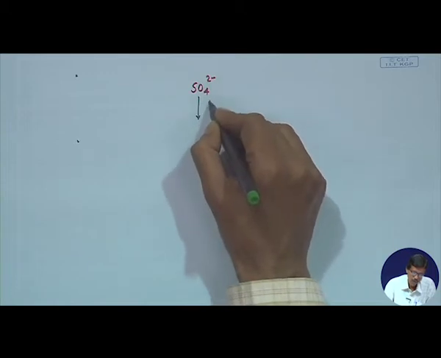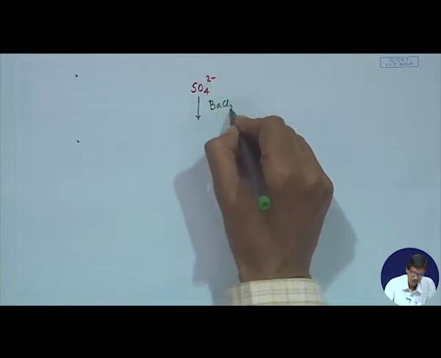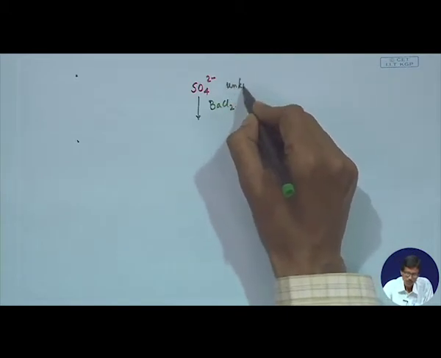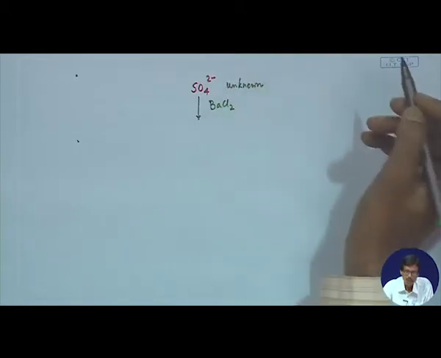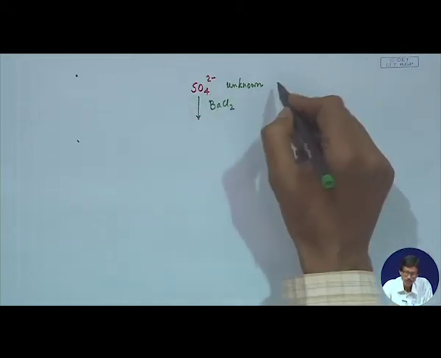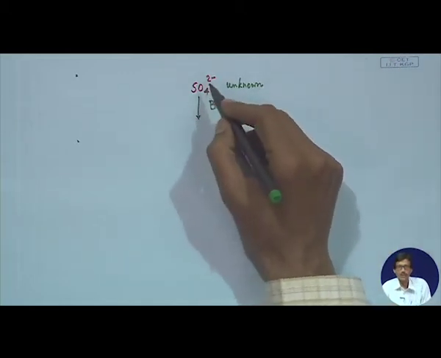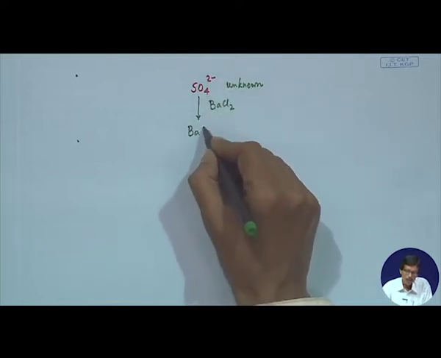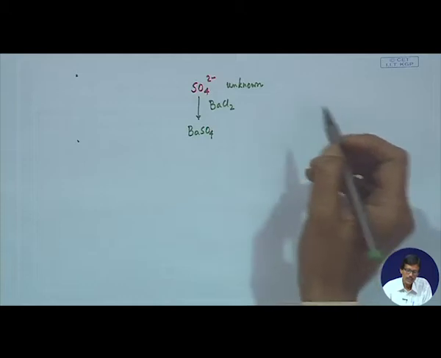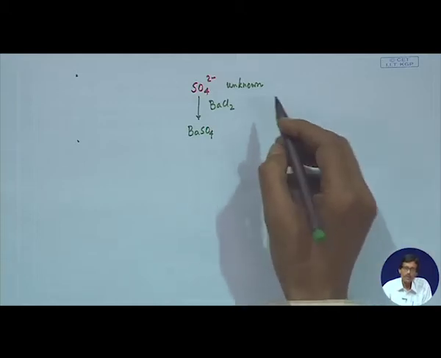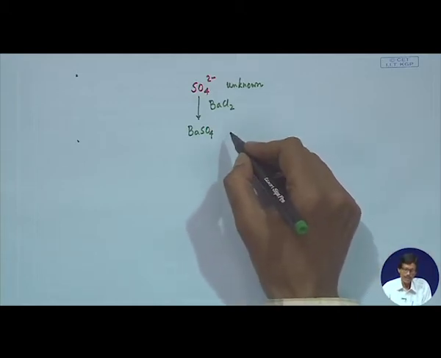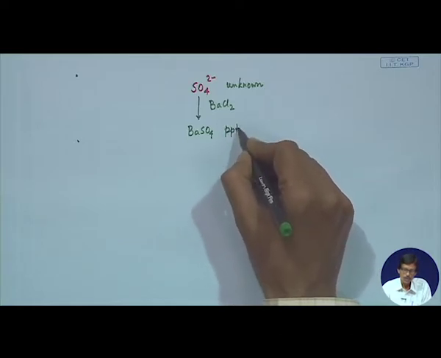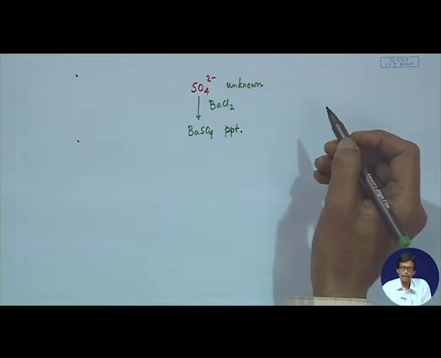We add a solution of barium chloride to an unknown solution of sulfate ion. Say the solution has been prepared from sodium sulfate. This will give rise to the formation of barium sulfate, and within a test tube we detect it visually, by our naked eyes, through the formation of a white precipitate.